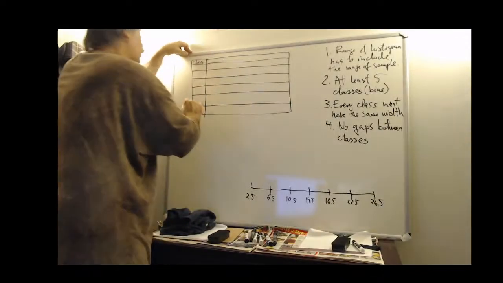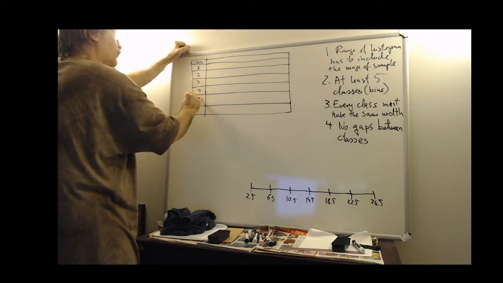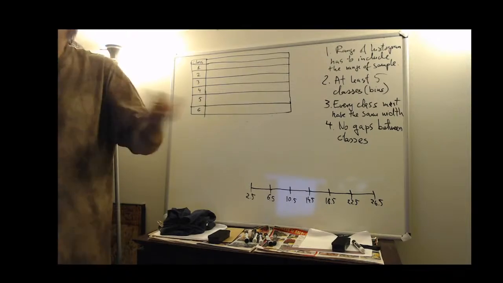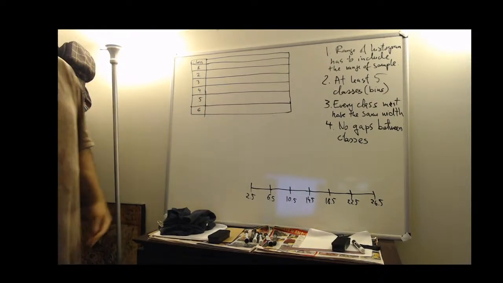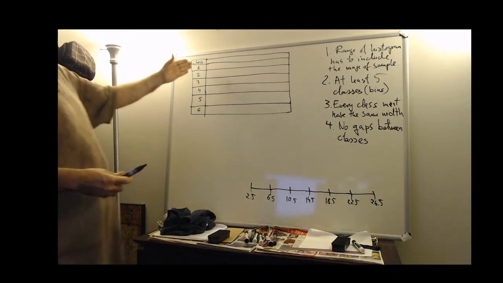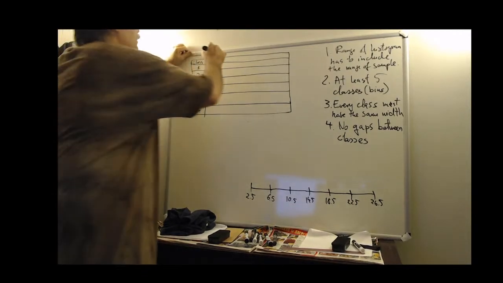So you can call the classes number 1, number 2, number 3, number 4, number 5. If I use that, actually, I don't need that at all. But you might have some other names for the class, whatever might be meaningful to you, like minimal purchases or something. Depends. The second thing you want to have is the class limits.